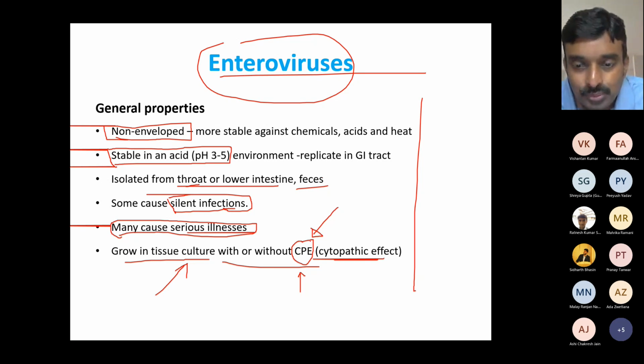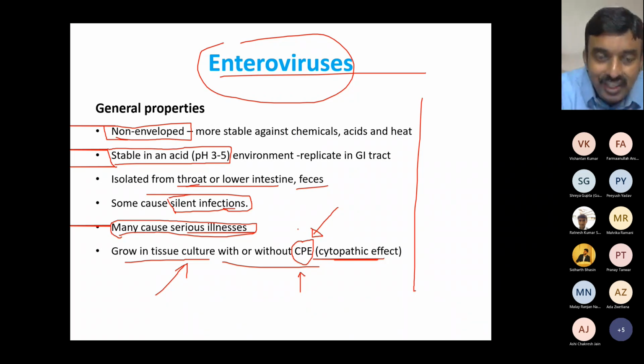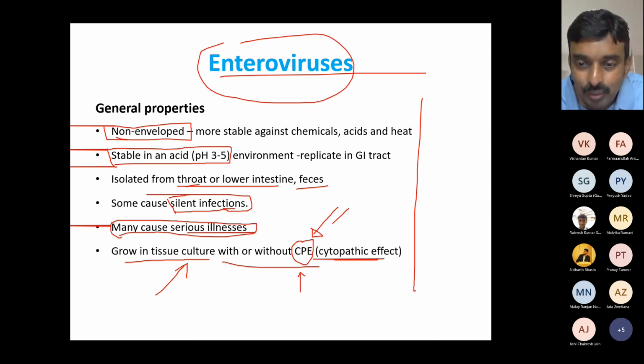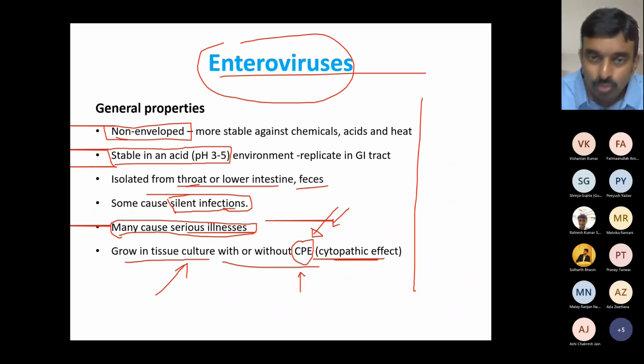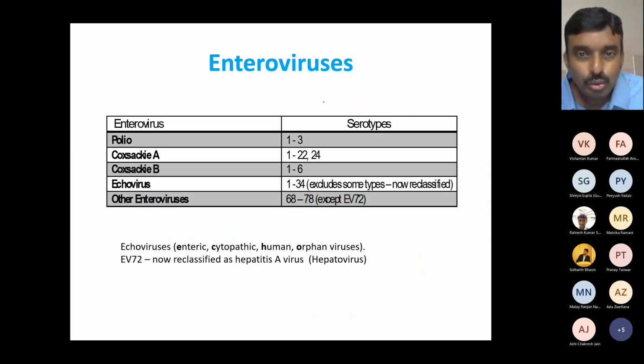And that's why this term CPE is important, because many viruses cause characteristic CPE, a specific kind of cytopathogenic effect that you can look at under the microscope and say, probably this is this virus. So this will be a recurring term, at least when we talk about cell culture. Now, that's the introduction to enteroviruses.